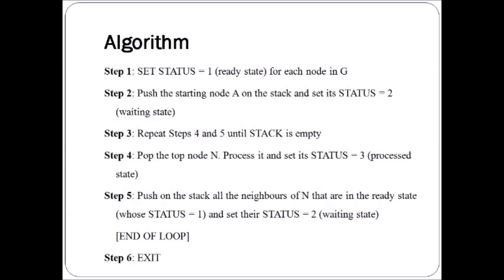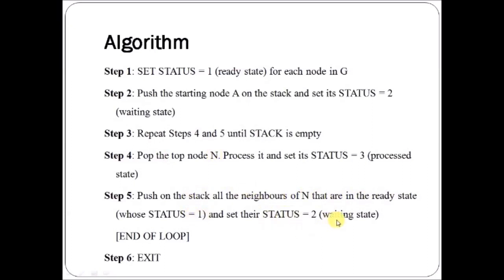When we pop the element from the top of the stack, at the same time we push the elements adjacent to the element we removed from the top. So push onto the stack all the neighbors of n, which can be easily found using the adjacency list, that are in a ready state whose status is equal to 1, and set their status equal to 2.